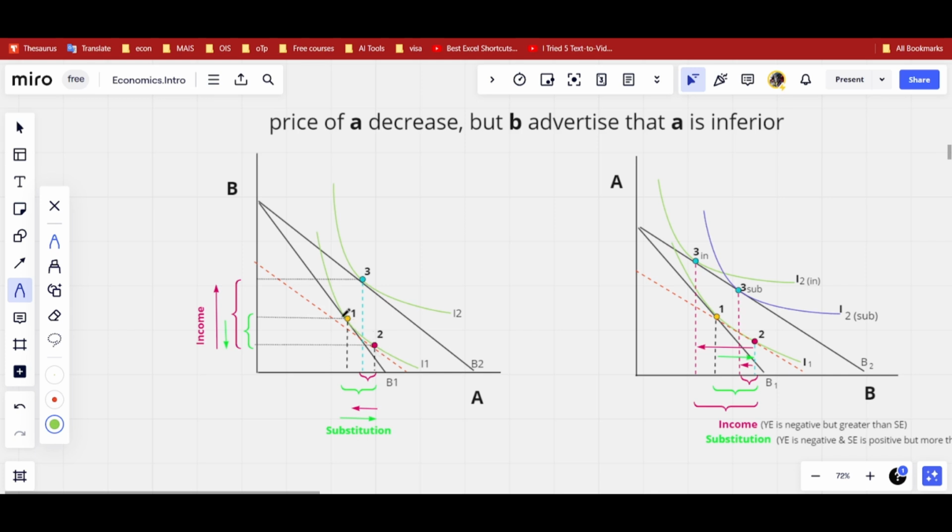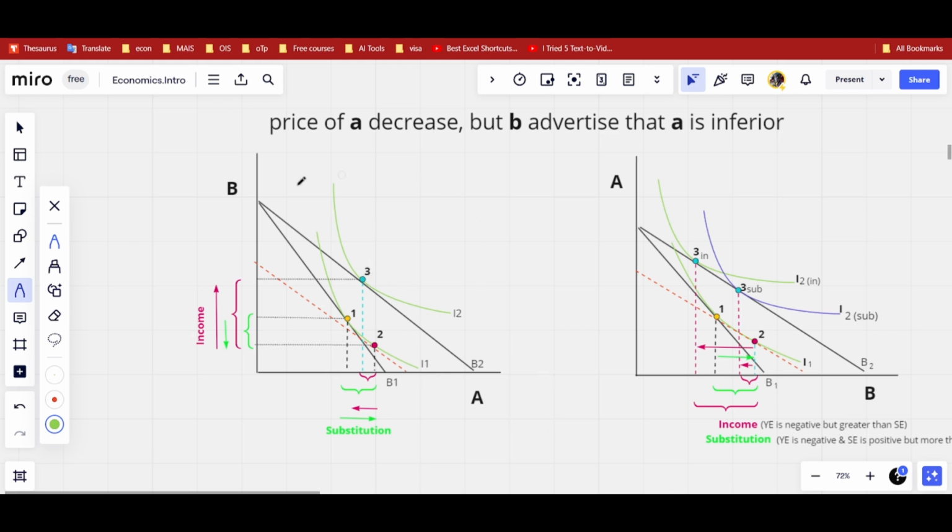So we have the substitution from 1 to 2. The substitution effect is greater, but then the income effect kicks in, so it moves from 2 to 3. There is a small decrease in consumption of A, and we end up with point 3.